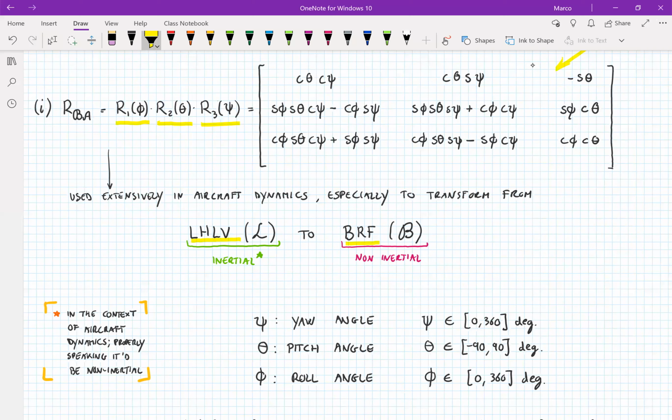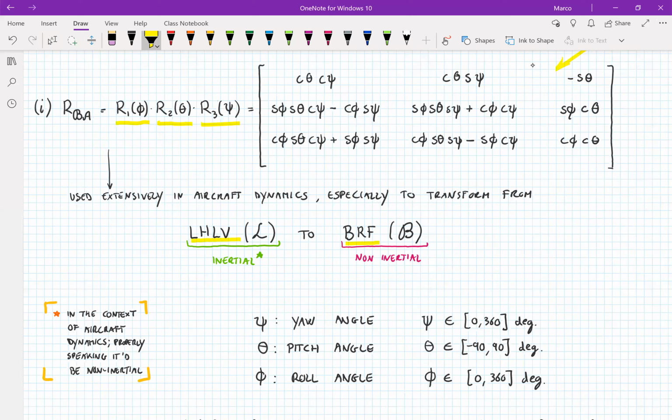You can approximate a reference frame as inertial. So for aircraft dynamics, the LHLV reference frame is considered inertial, whereas the body reference frame is definitely not inertial, because our aircraft can change attitude and can accelerate translationally.